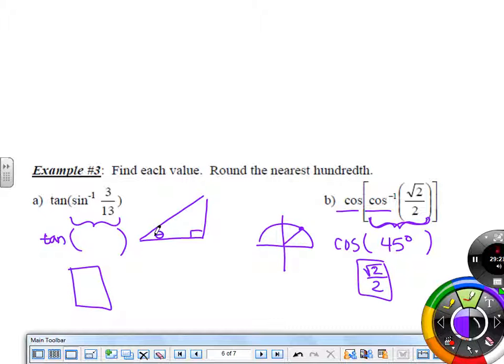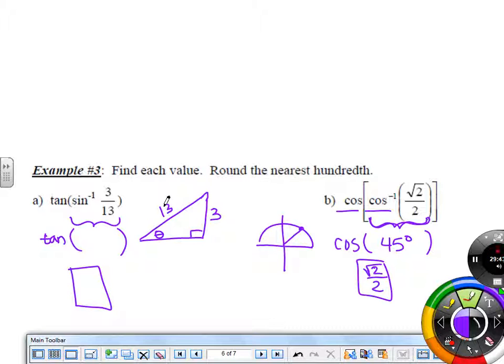So I just sketched my own picture, and I'm going to say, okay, inverse sine of 3 over 13 means the sine is 3 over 13. So here's the angle. Have no idea what its measurement is, okay? But I do know opposite over hypotenuse should work out to be 3 over 13, okay?